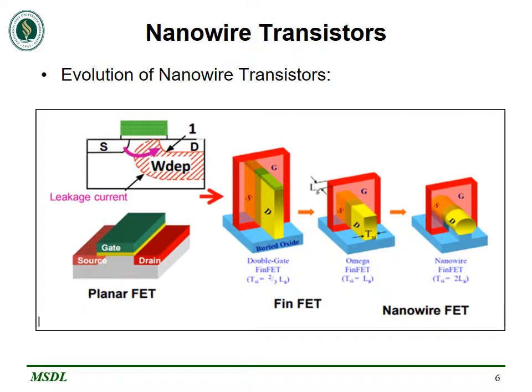Now let's take a look at the evolution of the nanowire transistor. Silicon-based CMOS planar FETs have been used as a mainstream IC technology for over 3 decades. But the industry has been addressing great challenges, and several bulk silicon-based device technologies have been proposed, such as double gate FinFET and omega FinFET.